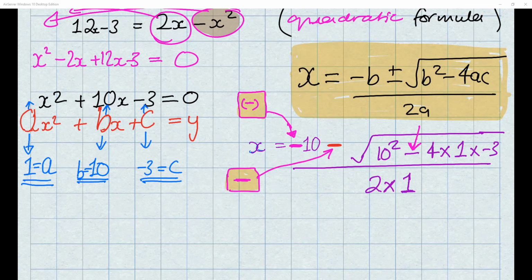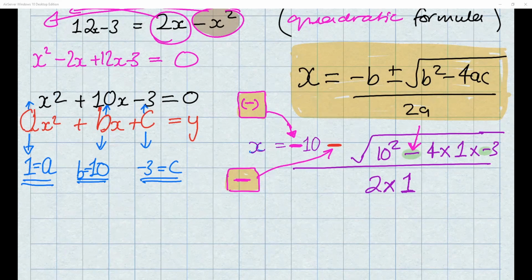I'm going to give you a nice example here. So minus 10, and then we're going to divide that all by 2 times 1. Okay, lovely. Now, Ibrahim, just as a matter of query, what happens when this minus ends up multiplying that minus?